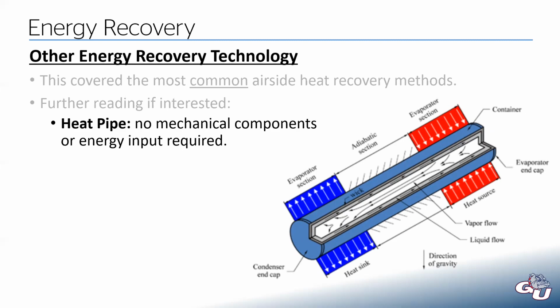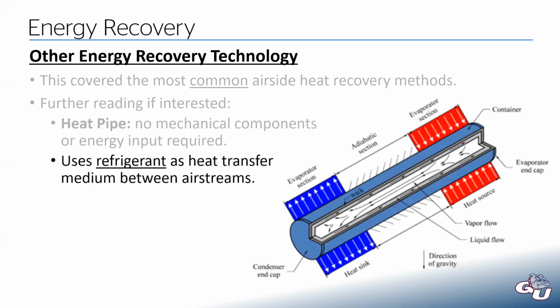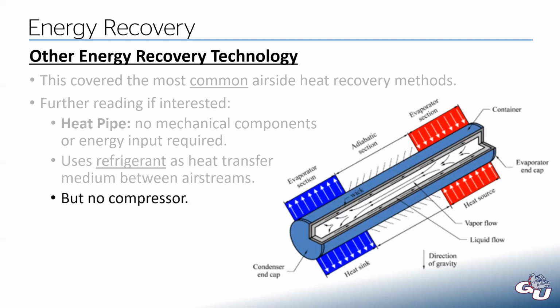So this is kind of a set and forget kind of device. What this does is it uses refrigerant as your heat transfer medium between your two airstreams, but there is no compressor. One of the few systems that uses refrigerant but does not use a compressor to achieve its heat transfer.